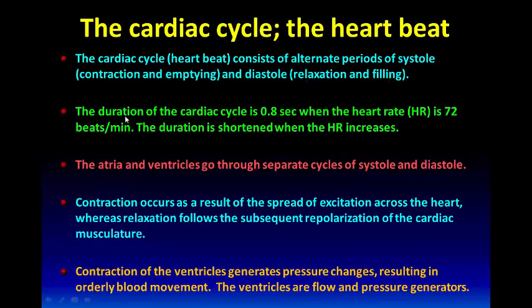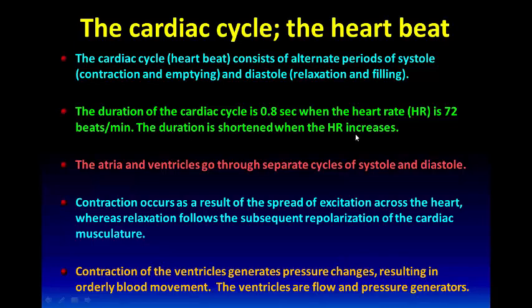The duration of one cardiac cycle or one heartbeat at rest is 0.8 of a second when the heart rate is 72 beats per minute. The duration of the cardiac cycle is shortened when the heart rate increases.